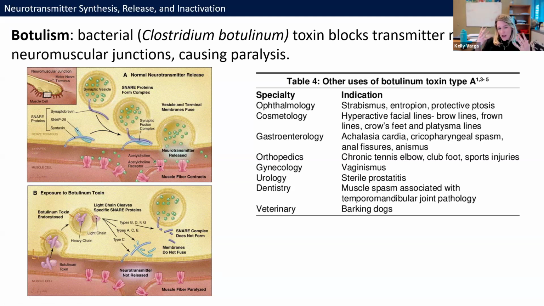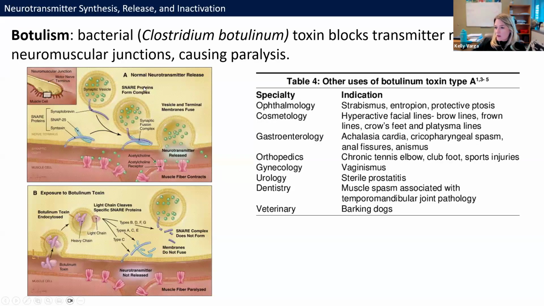So again, what would I ask you? I would ask you to give me an example of something that would inhibit release. Maybe I could ask you, what are other uses of Botox besides cosmetic? Here are some of these examples, etc.